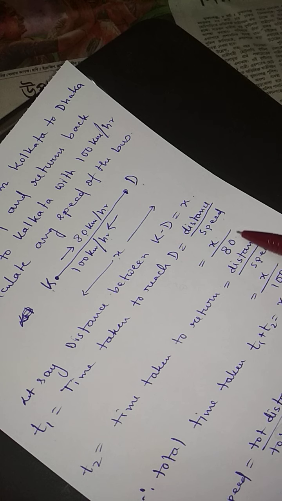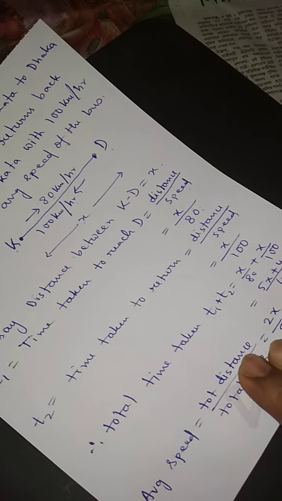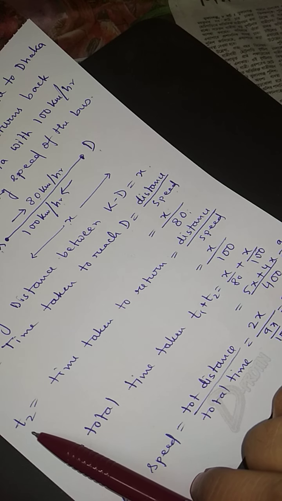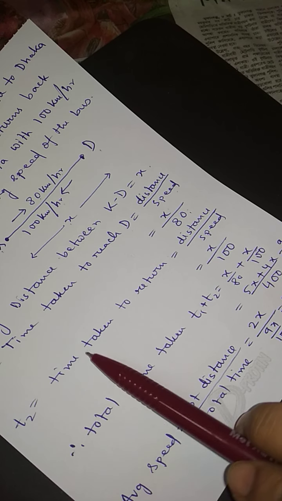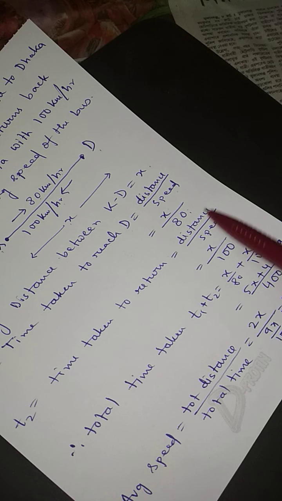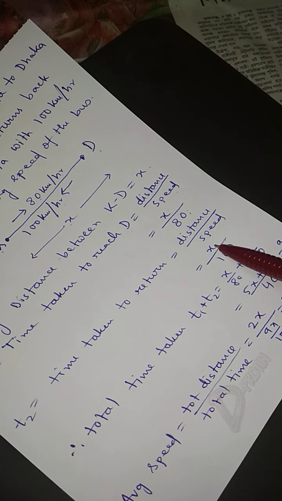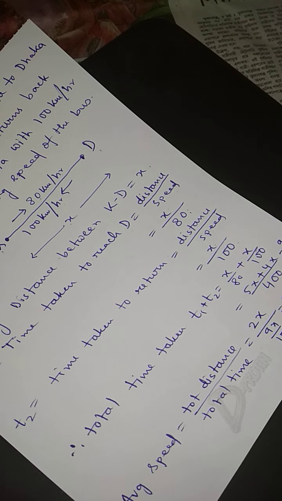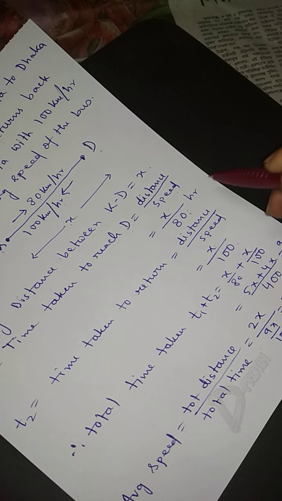So time is x by 80 hours. Similarly, while returning to Kolkata, let the time taken be t2. Time taken to return is distance divided by speed, the same distance x, and now the speed is 100. So these are in hours.